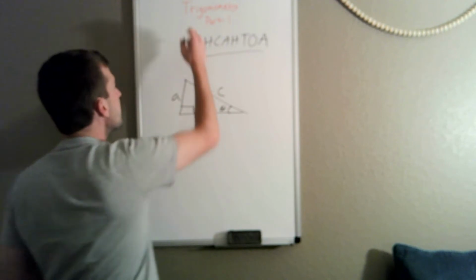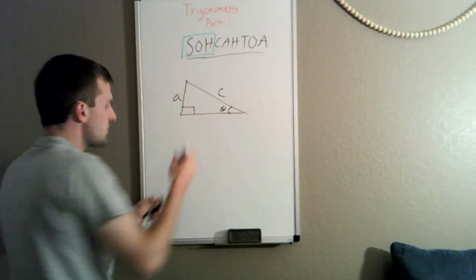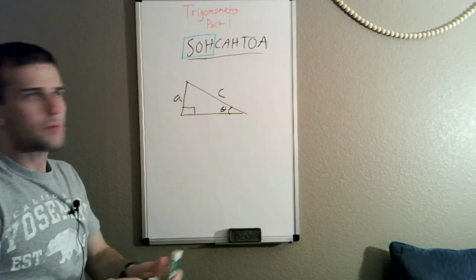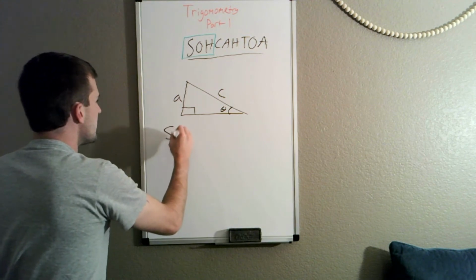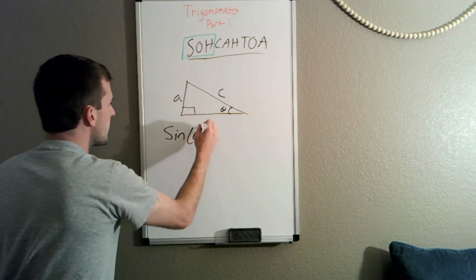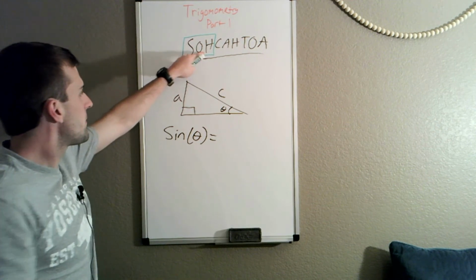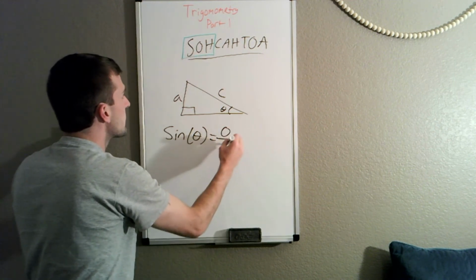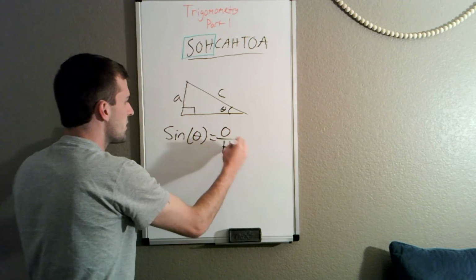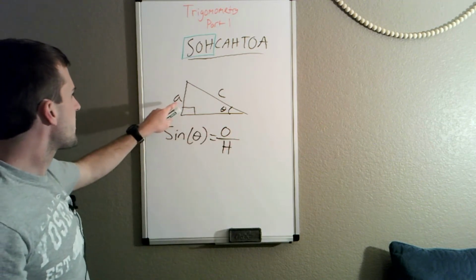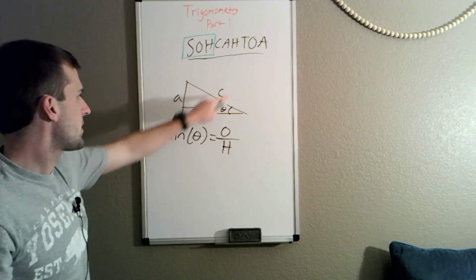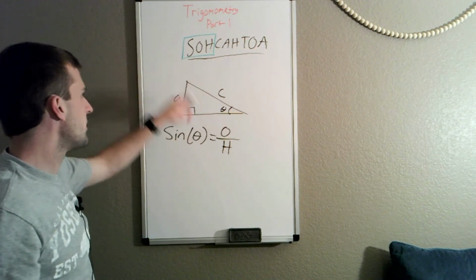So I'm going to start with this first part of Sohcahtoa. What this stands for is sine of theta is equal to the opposite over the hypotenuse. Hypotenuse is the longest side of the triangle.